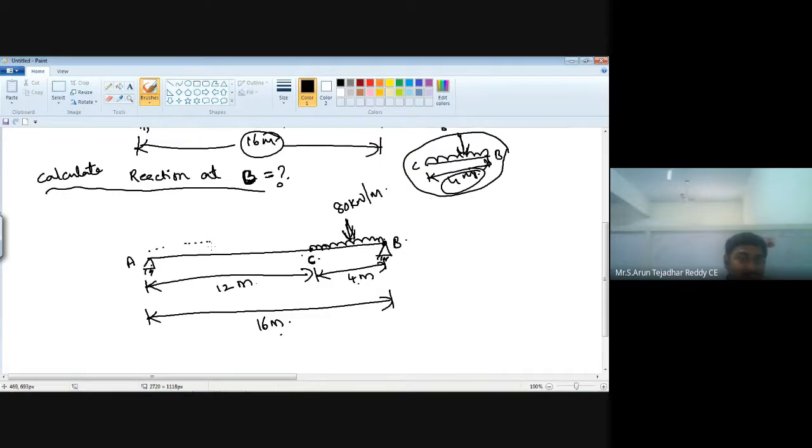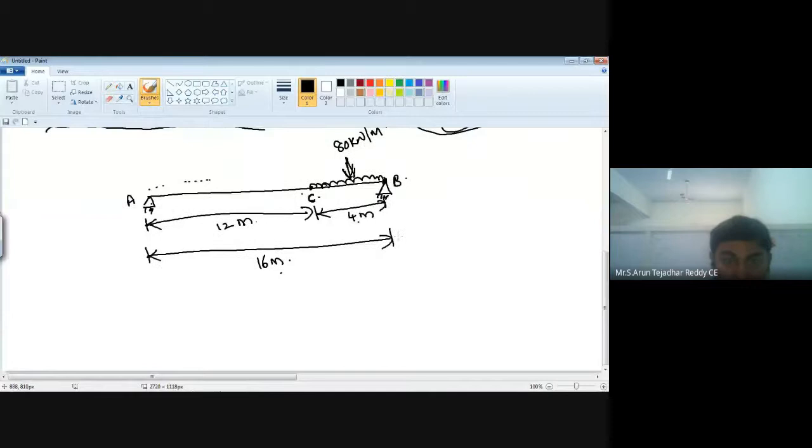But he is asking in this problem at B. So whatever the load with the span I placed at point B only. Now what is our first step? First step is to draw the ILD, influence line diagram A and B.